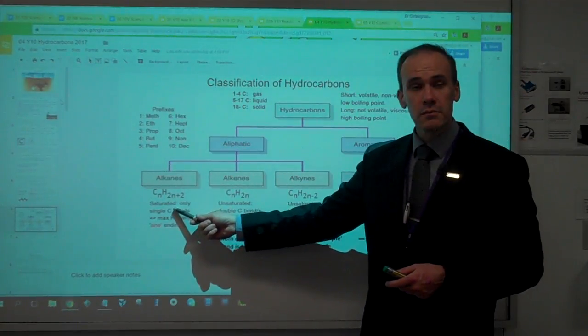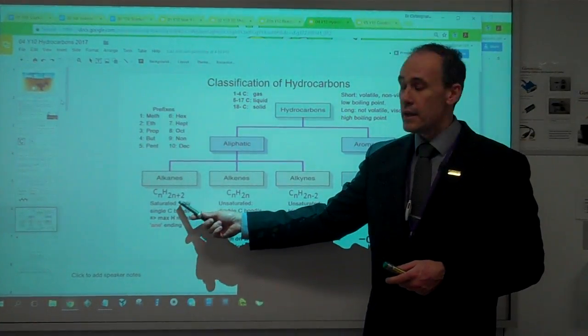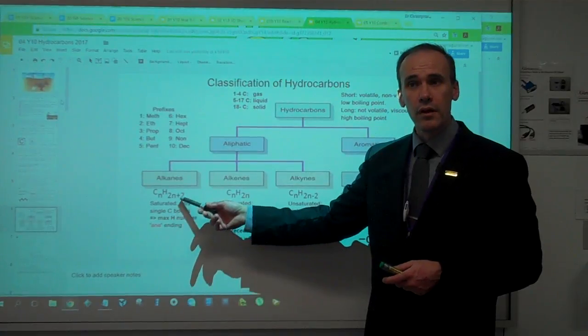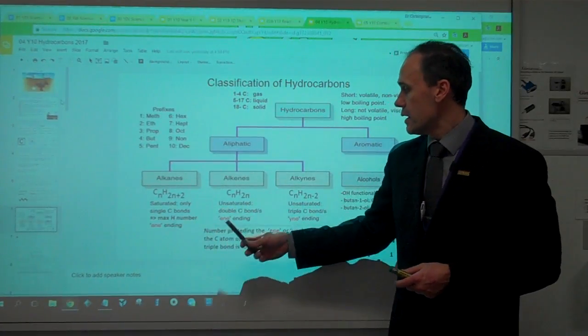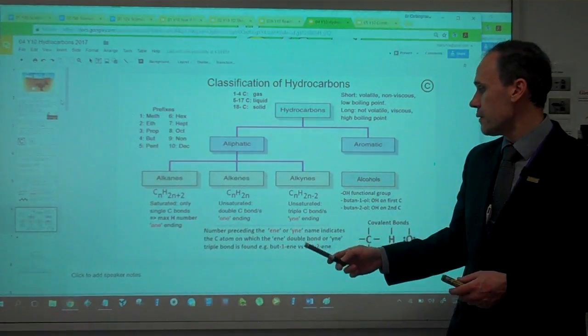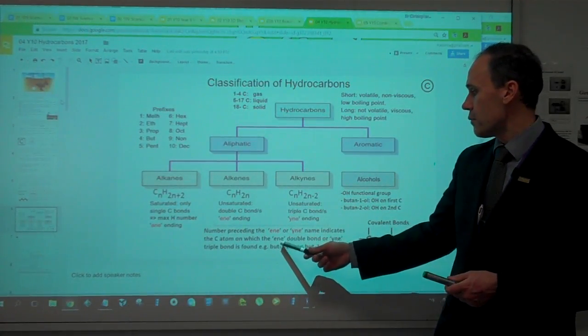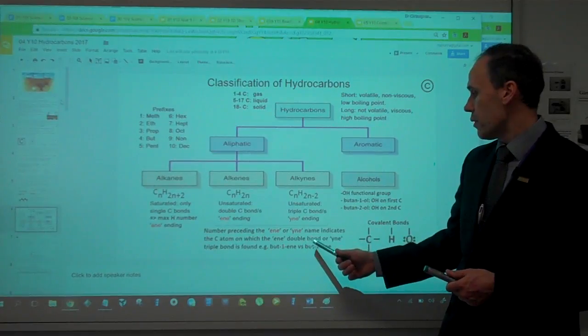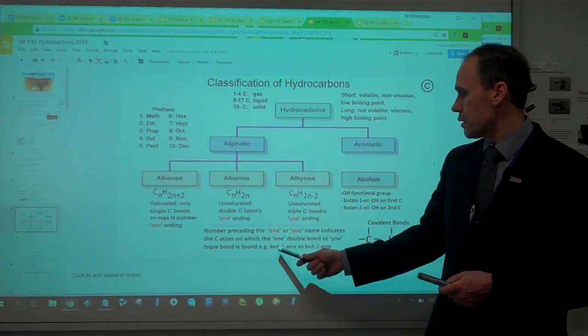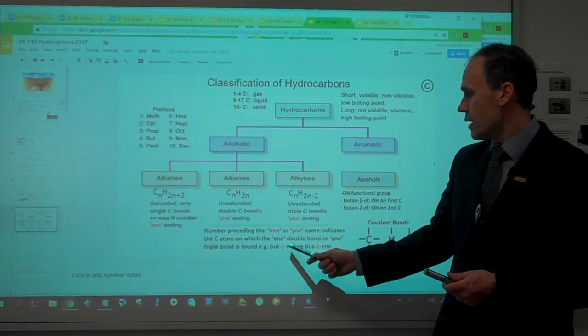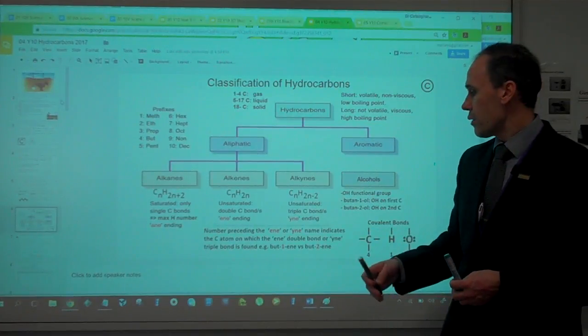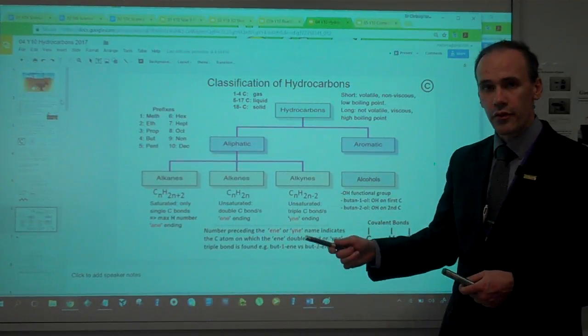Saturated means it has the maximum number of hydrogens. It's saturated with hydrogens. Alkenes have an ene ending and alkynes an yne ending. The number preceding the ene or yne indicates the carbon atom on which the double bond or triple bond is found. So but-1-ene has the double bond on the first carbon.